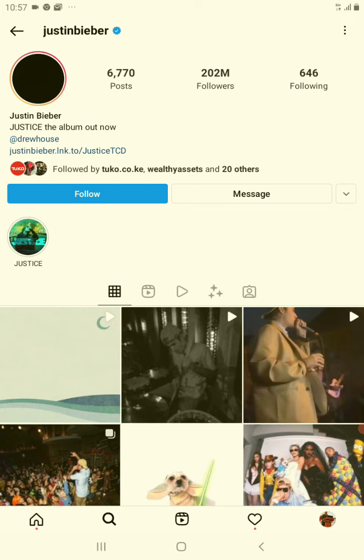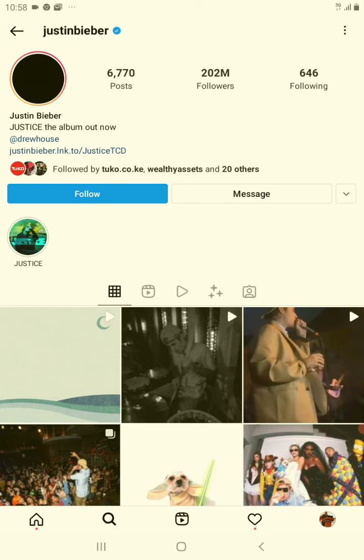So we see Justin Bieber has 202 million followers here, and if he manages to convince his followers to join Webtalk after he has joined, then let's see how much money he's going to make just for ad views, not talking about ad clicks, not talking about ads he can privately insert himself to sell deals with businesses. We don't talk about that. We only talk about ad views on the ads placed by Webtalk itself.